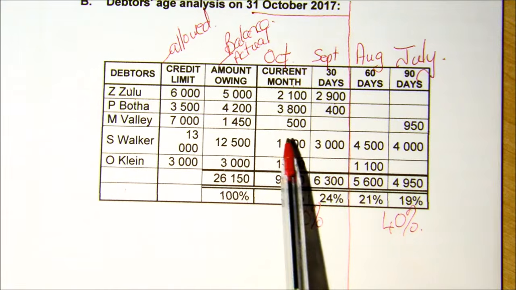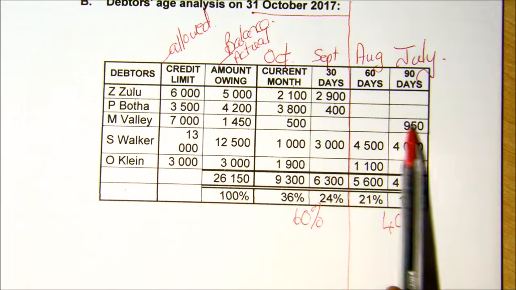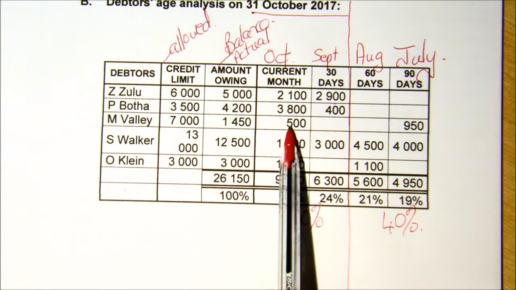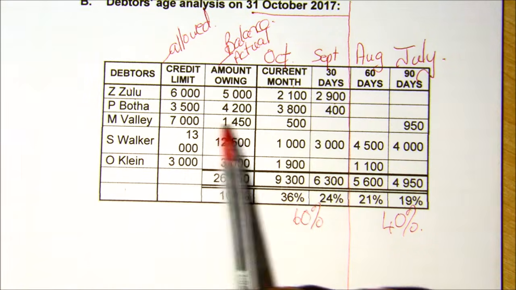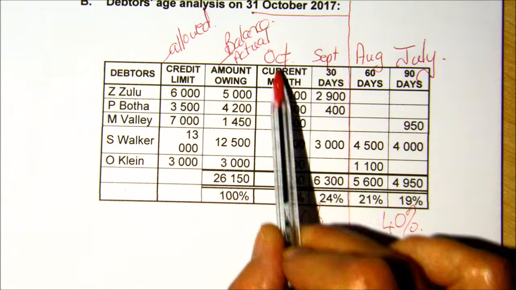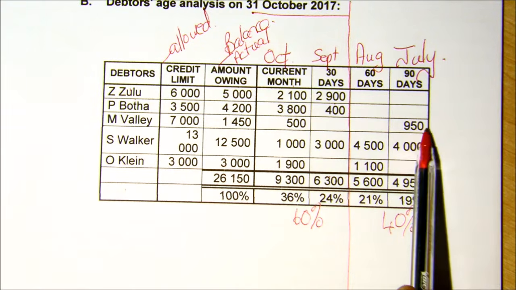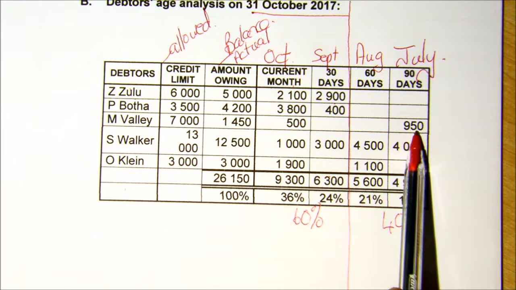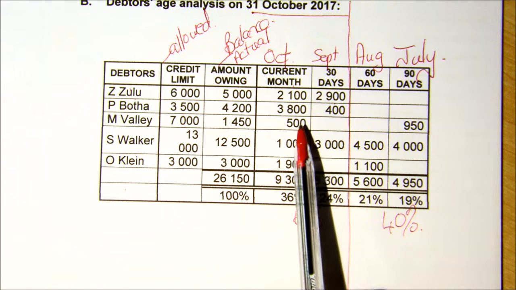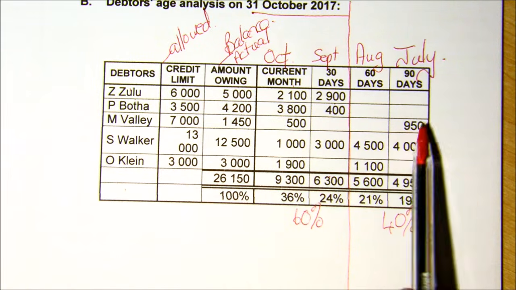Now, the big problem that exists with Valley, though, is that despite this amount being outstanding, the business has gone and sold goods to Valley this month. So there's a current amount they've sold to him during the month of October, and yet his account is outstanding. Now, that is a problem, and the business is at fault there because they should have stopped the account until such time as this amount had been settled.